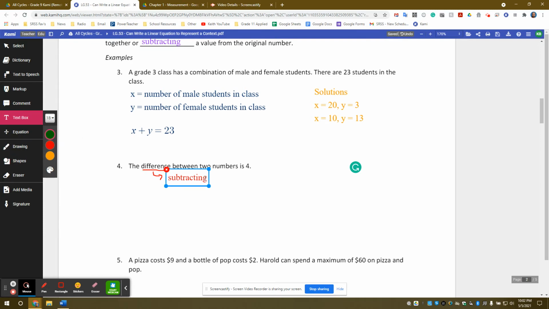So when it says that a difference between two numbers is 4, there's very little context to this, but it's still often good to define our variables.